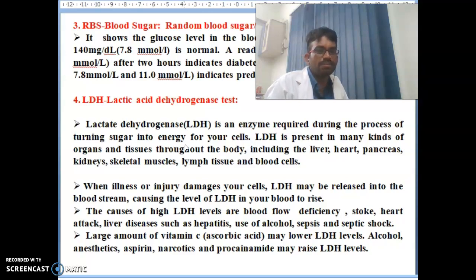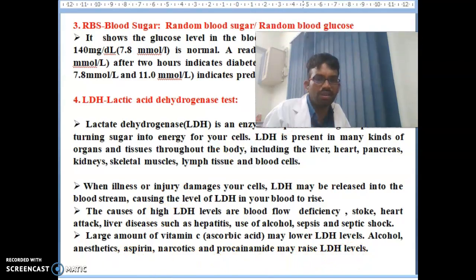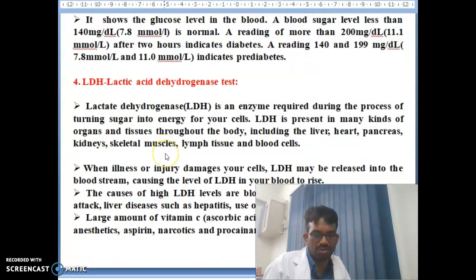LDH is present in many kinds of organs and tissues throughout the body, including the liver, heart, pancreas, kidneys, skeletal muscles, lymphoid tissues and blood cells. When an illness or injury damages our cells, LDH may be released into the bloodstream, causing the level of LDH in your blood to rise. The low level and high level of LDH you will find out from various functions.